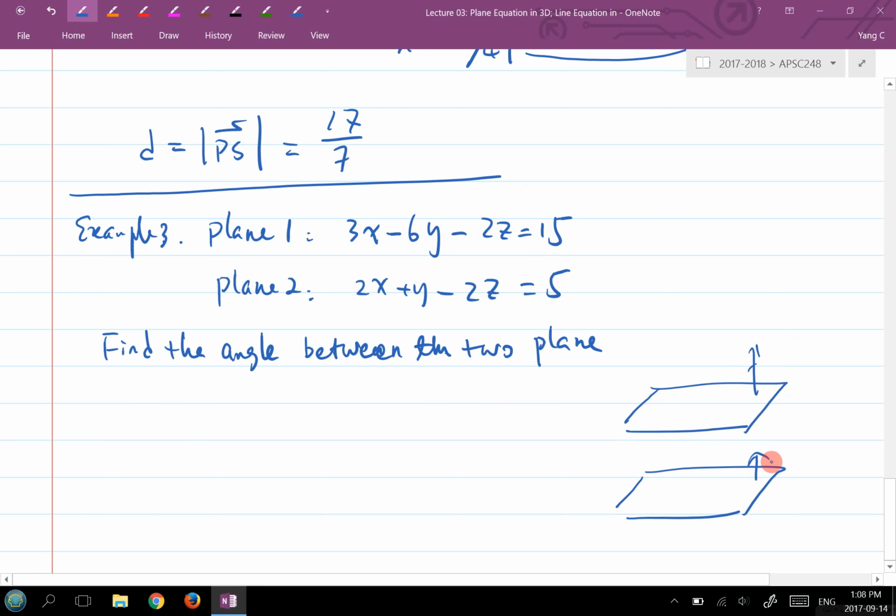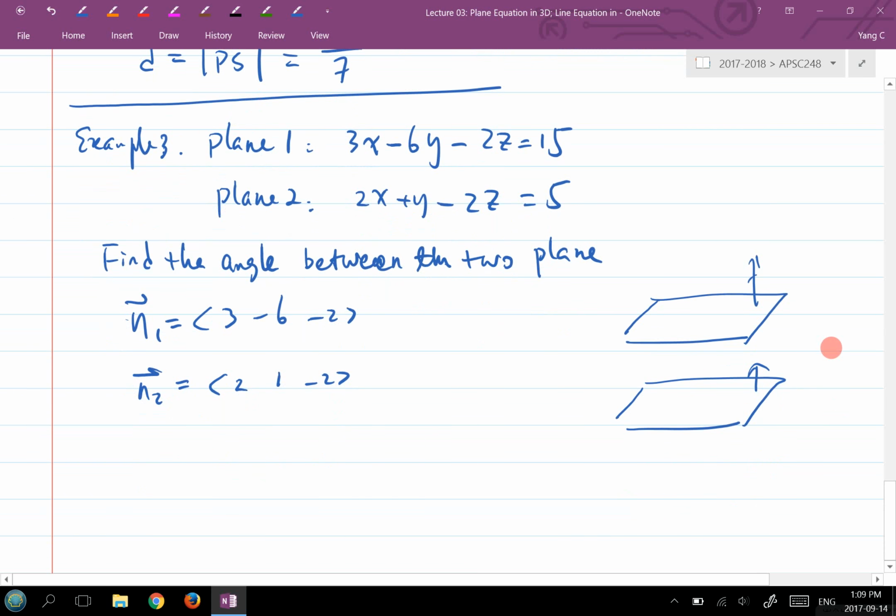So you just look at the coefficients, whether the two sets of normal vectors are a scale of each other, or even simpler, are they the same as each other? In this case, we're not talking about that scenario, because the first one is 3, -6, -2, and the second one is 2, 1, -2. So they're not scaled by any integer factor.